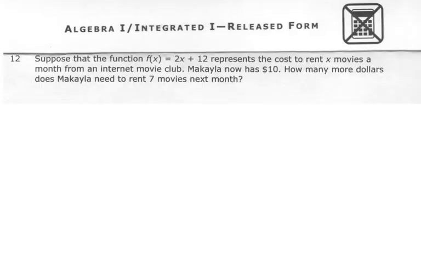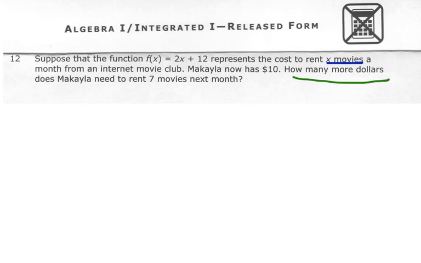So that would just be a -5. Number 12, suppose that the function f of x equals 2x plus 12 represents the cost to rent x movies a month from an internet movie club. Michaela now has $10. How many more dollars does Michaela need to rent 7 movies next month? So the question is wanting to know how many more dollars.